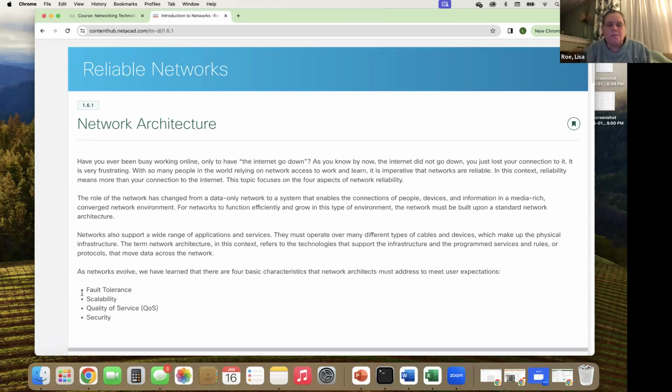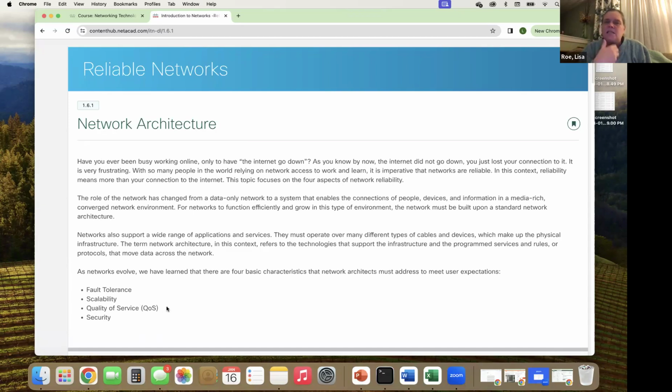So we call those backups fault tolerance. That's if there's a fault, we can tolerate it. And scalability is the ability to grow as a network. Remember when I said a peer-to-peer network really was limited to like 10 computers in the old days? Again, I'm aging myself. It used to be 15 computers. I don't think today you could take more than 10, just because of all the different applications that we have now. But scalability is the ability to grow as needed very quickly.